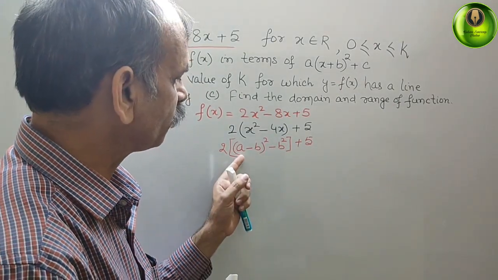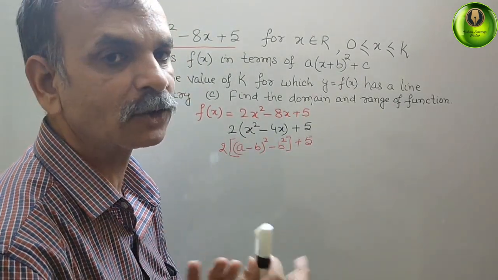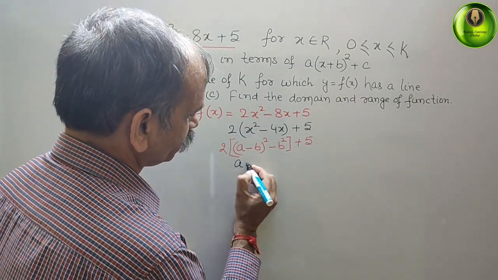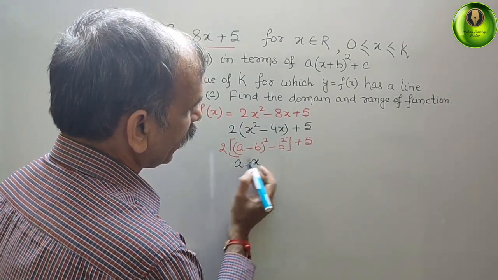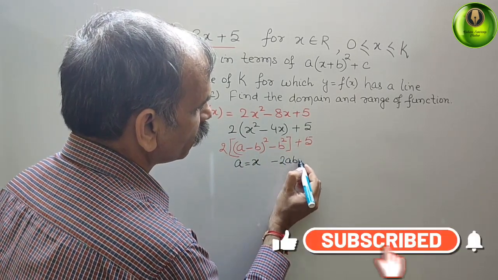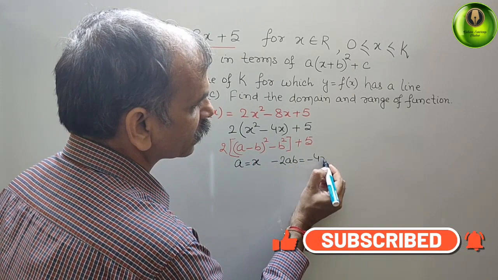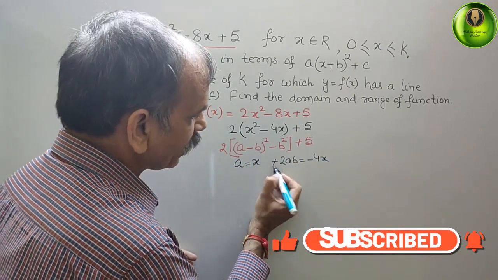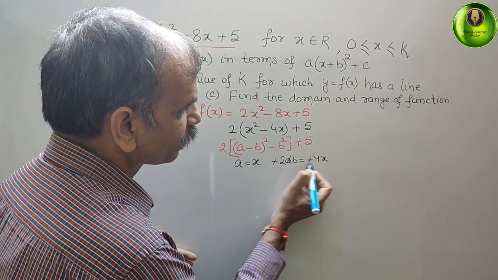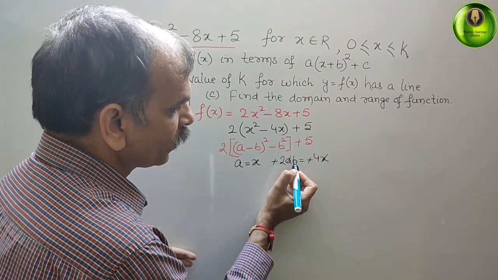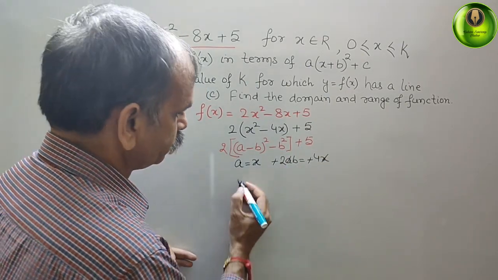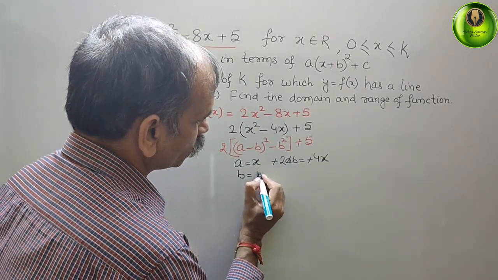Here a² = x², that means a is x. And −2ab is −4x, minus and minus get cancelled. We know that a is x, x and x gone, b = 4/2, that means b = 2.